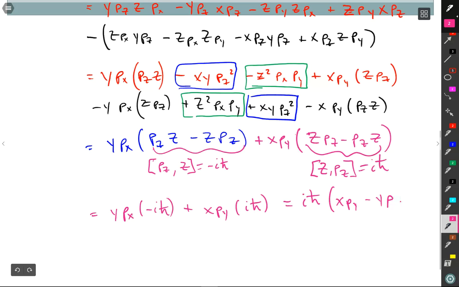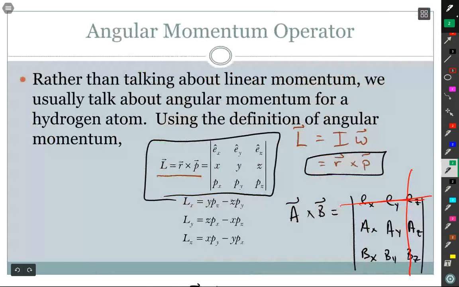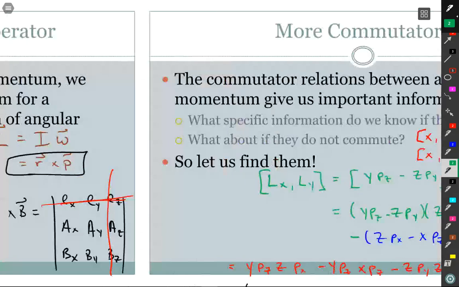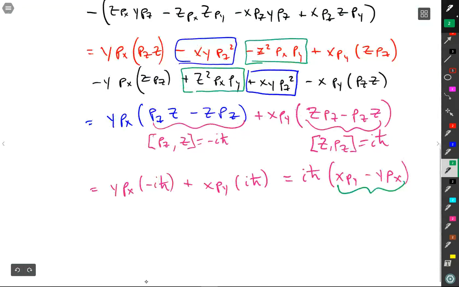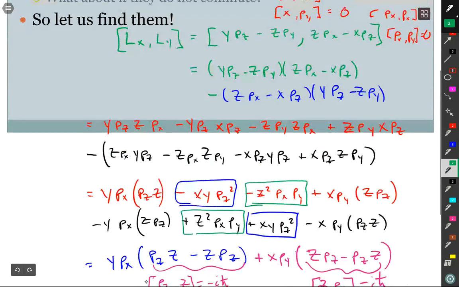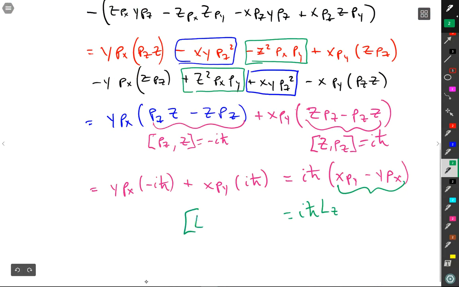Doesn't look like it, but it is. But what is x py minus y px? x py minus y px is Lz. Woohoo! So what we found is the LxLy commutator is equal to i h bar Lz.